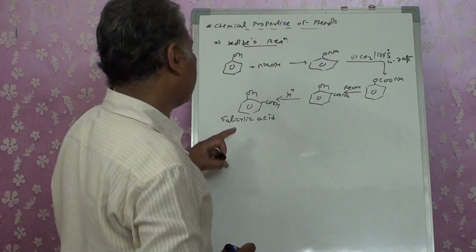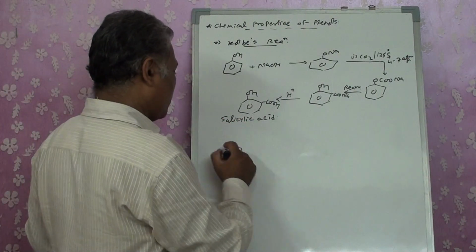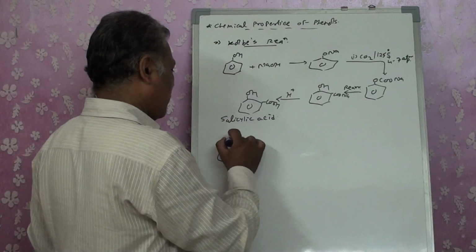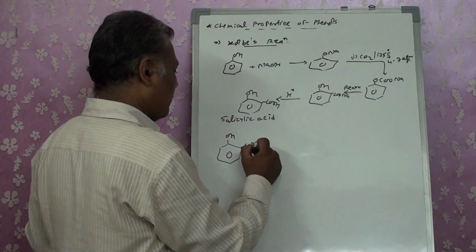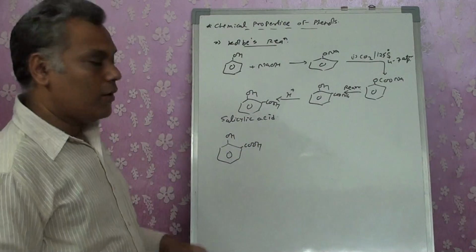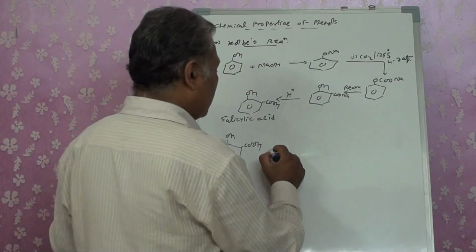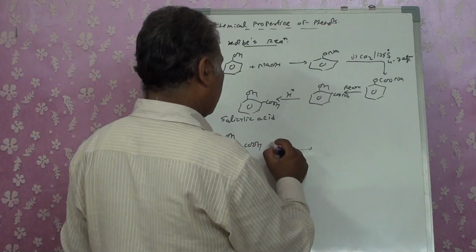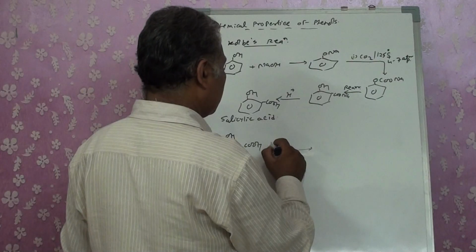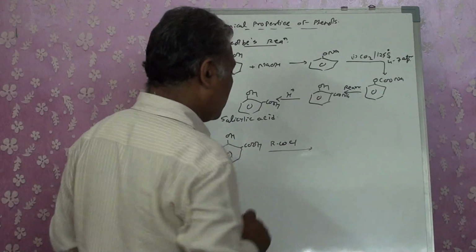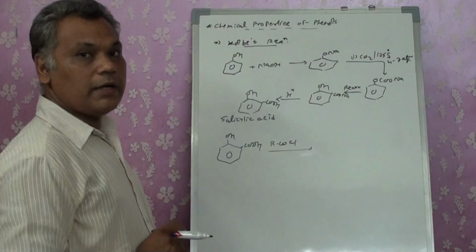This particular salicylic acid, why we said it's important, again these reactions are not given in your textbook, but they are going to be important for you, right? Once the salicylic acid is taken, on reacting with RCOCl, I'm going for acylation.